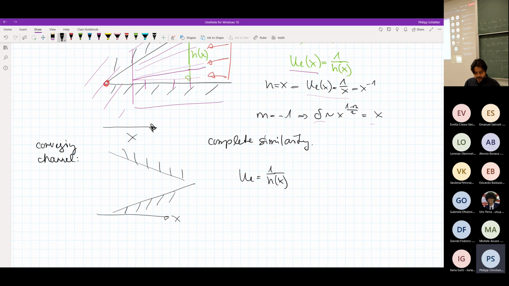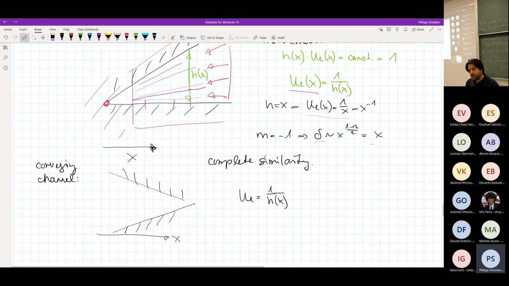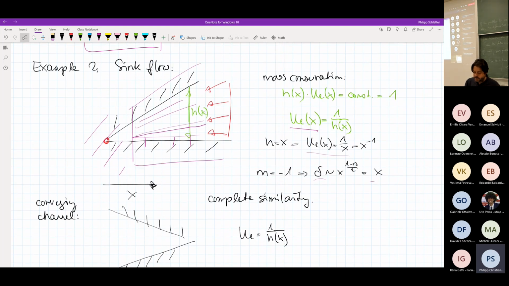Now, one question that you could ask here is, in the end, you need to have some shape or some condition that you would like to fulfill. In the sink flow, the example was easy because you say at x being 0, you're converging. That's why you know that h is x.